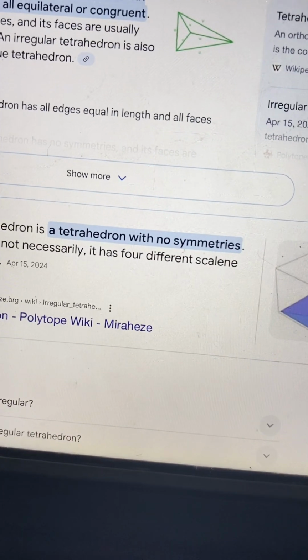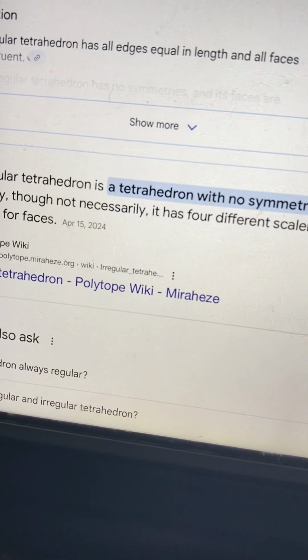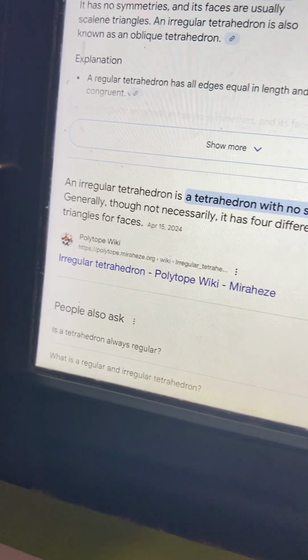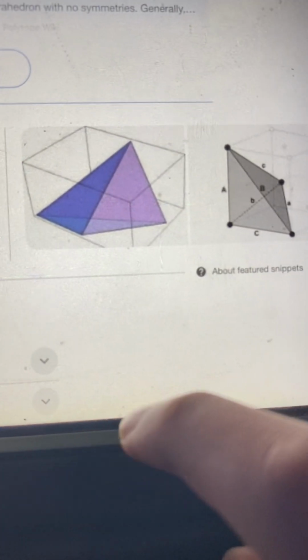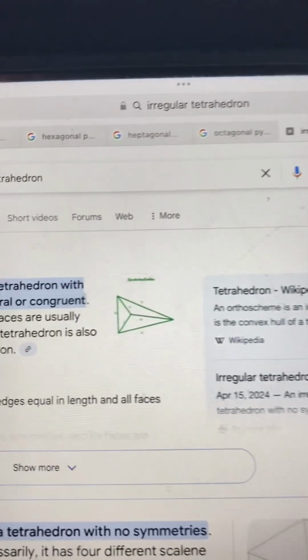So essentially it has no symmetries. No matter what, you can't find any symmetries. Generally, though not necessarily, it has 4 different scalene triangles for faces. So see, all these triangles look completely different to you. That is an irregular tetrahedron.